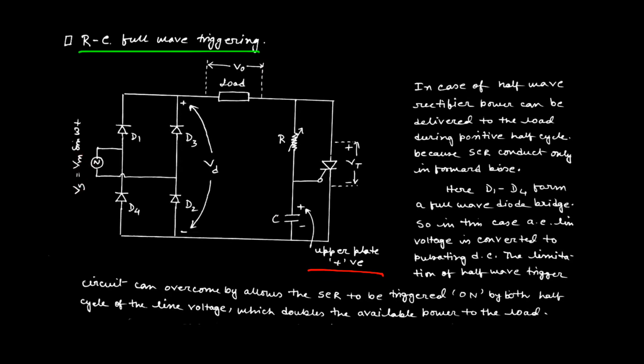As we know, the capacitor charging path and discharging path are not the same. The capacitor was charged through D1 and D2 in this way, and when it is fully charged, it tries to discharge. Once it discharges, it gives some voltage across gate to cathode.